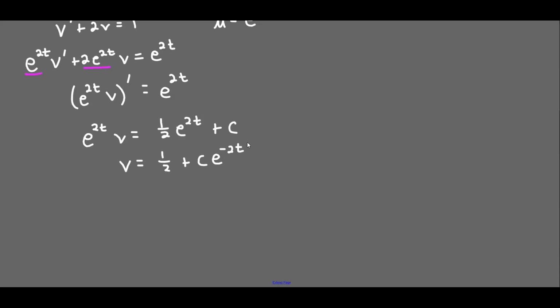Because we had to make that substitution. So let's substitute y to the 1 minus n back in for v. So that was y to the -1. That would mean let's take the reciprocal of both sides. So we just do 1 over this whole thing.